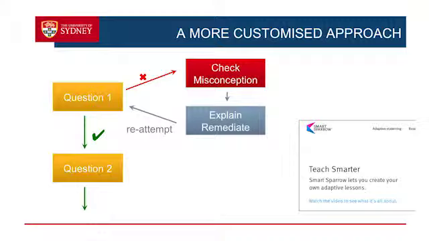And therefore I had to try and find something that would allow me to explain my material in a way that was a lot more customized. And that customized approach, of course, is one where you pose a question, student gets it right, you can move on. If the student gets it wrong, you need to probe why they got it wrong.